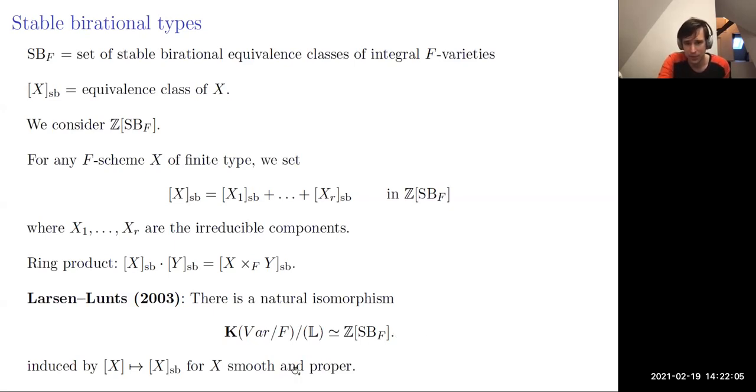And the isomorphism is induced by sending a class [X] in the Grothendieck ring of varieties to the class of stable birational types. It's important to note that this map only works for X smooth and proper.